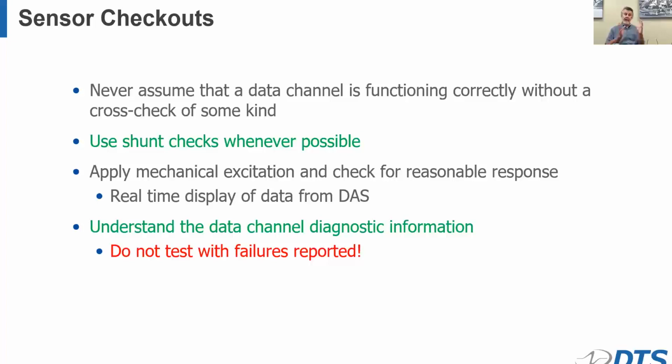Apply a mechanical excitation, right? If you have an ARS, rotate it. You have a pretty good idea of how fast you can rotate something, right? If it says 50,000 degrees per second when you check it out, it's probably wrong. And then finally, understand the data channel diagnostic information. This again is covered in the other course with a lot more detail.